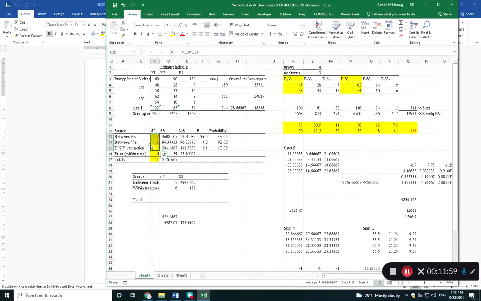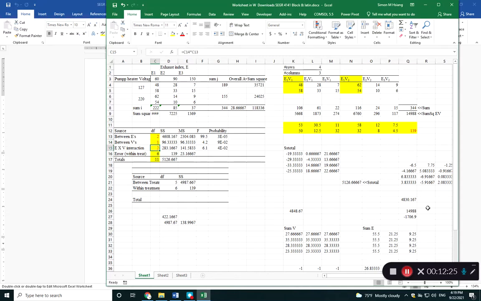In total, the detailed treatment is 5. Agree? Because I have E1 6. So totally it is 5, and 11 minus 5, so I know my error term is 6 degrees of freedom. So far so good, right? The main effects are 3 minus 1 is 2, 2 minus 1 is 1, and whatever is left over, 5 minus 2 minus 1, is equal to 2.